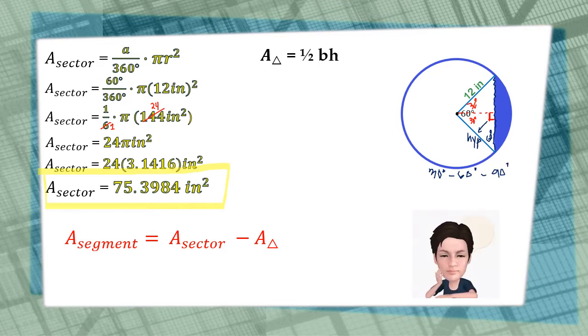Okay, we all know, using our 30-60-90 triangle theorem, the side opposite to our 90-degree angle is represented by the expression 2x, the side opposite to our 30-degree angle is represented by x, and the side opposite to our 60-degree angle is represented by x square root of 3.